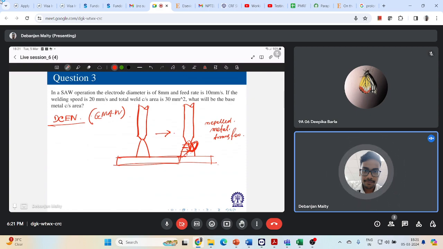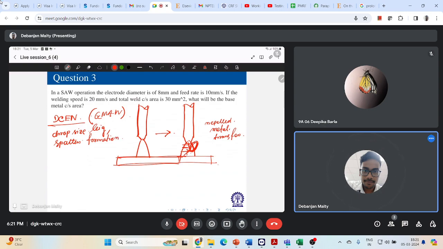So this happens when your drop size is big enough. So my drop size will be big, spatter formation will be there. So those are some common characteristics, or you can say some aspects, of this electrode negative polarity. So there will be this spatter formation.